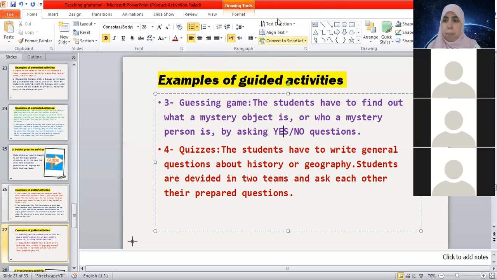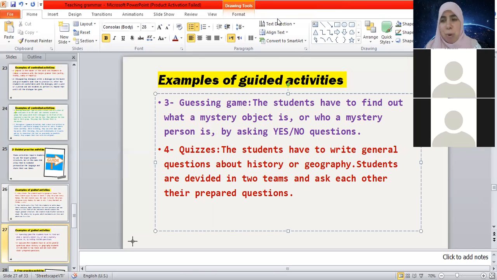Is it gold? Ask yes, no questions only. So instead of what color is it, you can ask me, is it green? Is it blue? Is it gold? No, it's not gold.